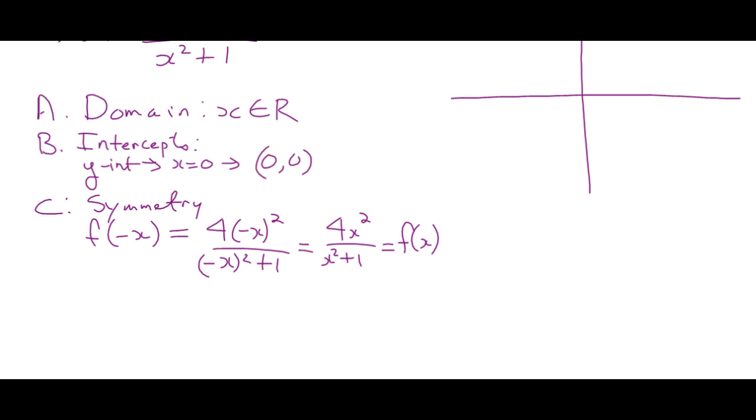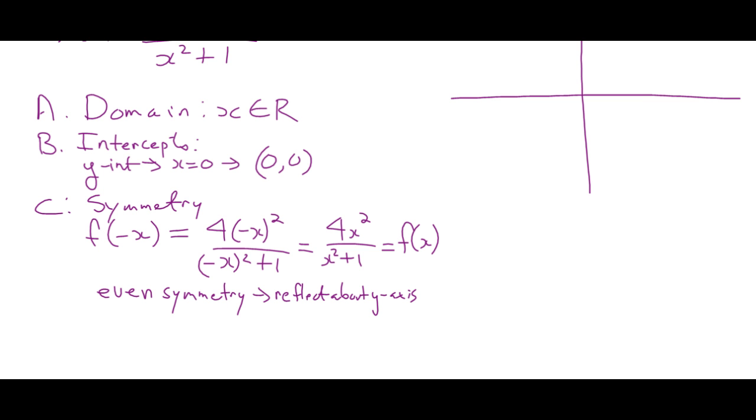So what does that tell us? It has even symmetry, and what does that mean? It's symmetry about the y-axis. Exactly. So that means I'm going to reflect about the y-axis. If we're drawing this, we really only need to worry about what's going on to the right. Once we've sketched out the right-hand half of the graph, we can just reflect that.